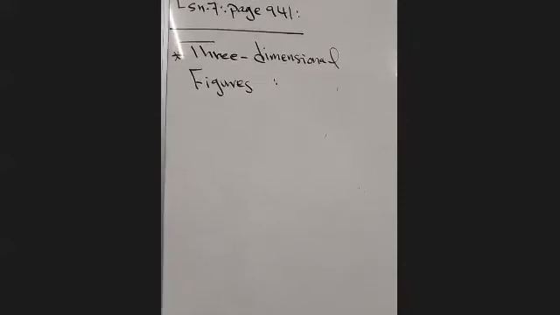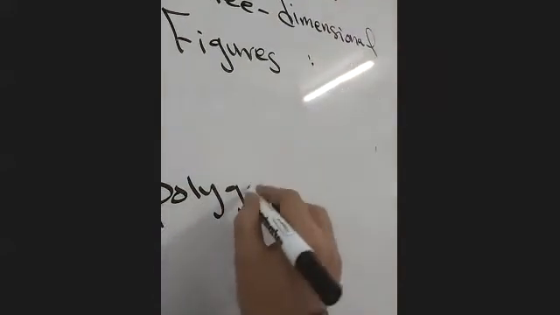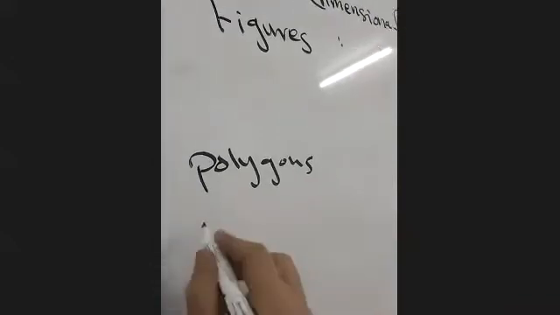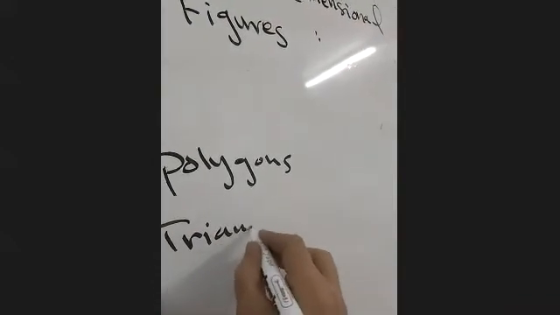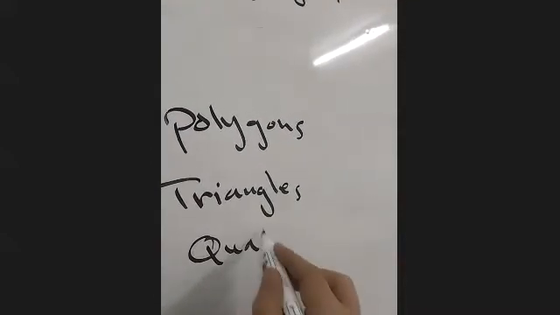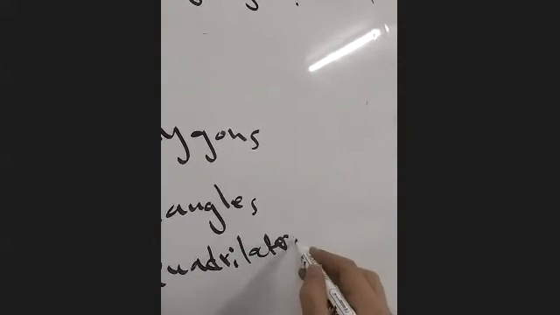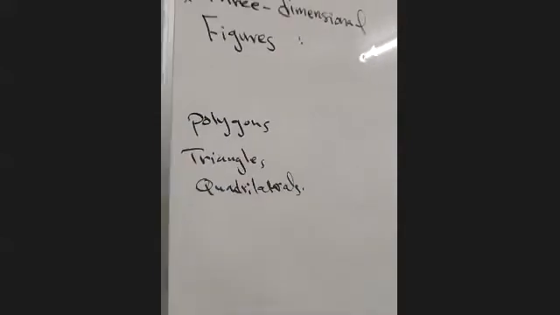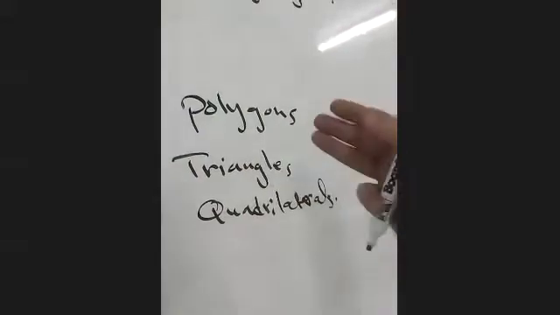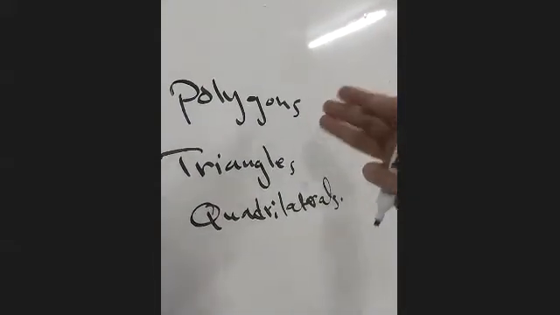In the previous lessons, guys, we took polygons, right? We took triangles. And yesterday we took quadrilaterals. Polygons: we have a lot of polygons, like pentagon, hexagon, square, rectangle.